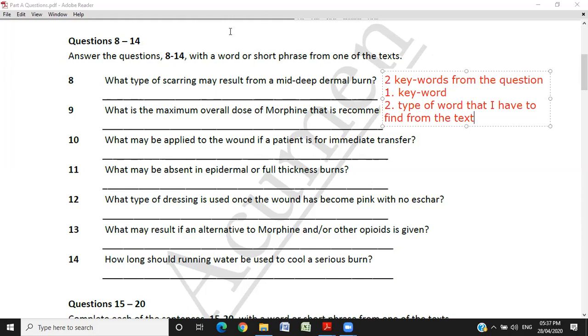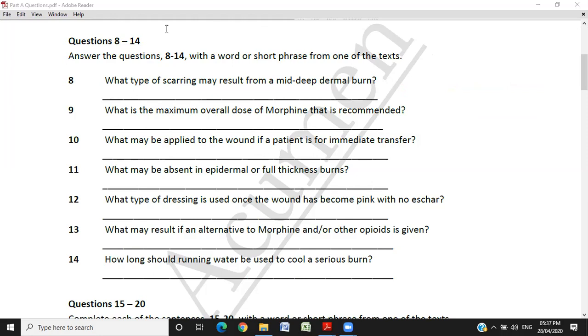So let us start this activity. The first question says, what type of scarring may result from a mid-deep dermal burn? This mid-deep dermal burn is my keyword. I will have to find this word in the text or its synonym, because this is a language test, so I may not have the exact word as it is.